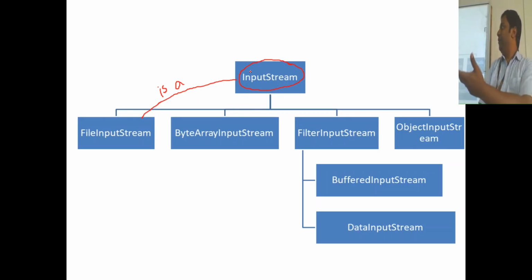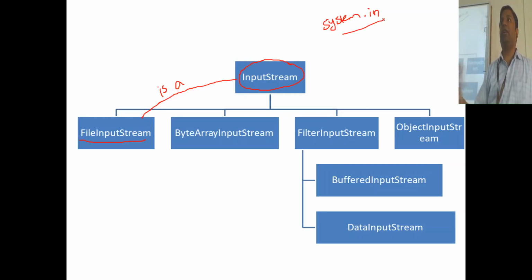If you want to read bytes of data from an input text file, I'll use FileInputStream. If I'm going to read data directly from my system console, I mean the keyboard, what we do is System.in, right, to read data from the keyboard. Then I create an instance of InputStream and read data.